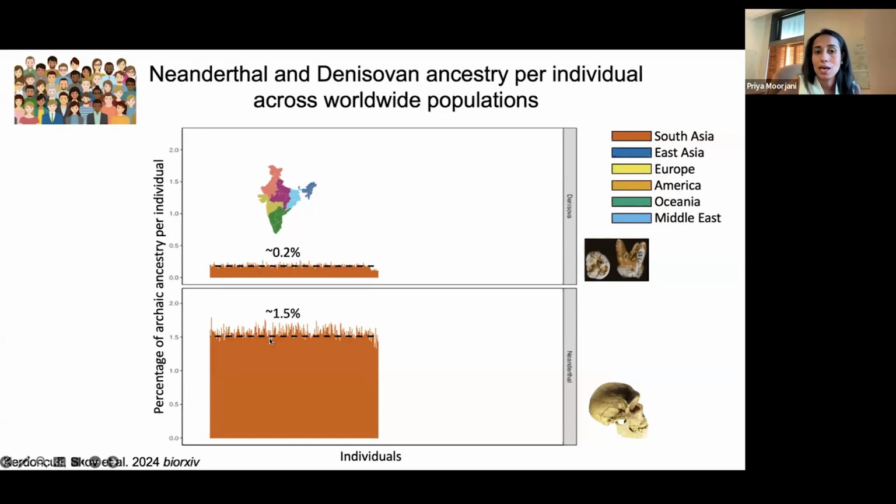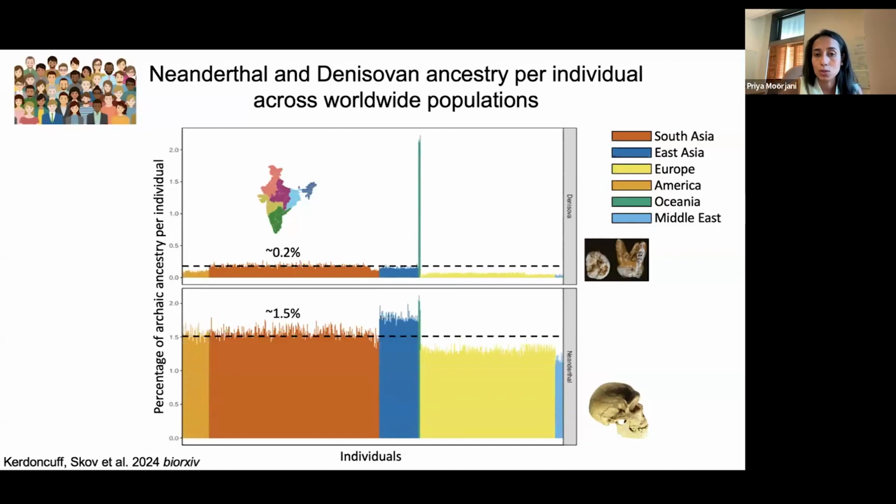So on average, Indians have about 1.5% of Neanderthal ancestry, and they have about 0.2% of Denisovan ancestry. Here I'm showing you data for 2,500 individuals, and mostly you find that most of the individuals have similar amounts of Neanderthal and Denisovan ancestry.